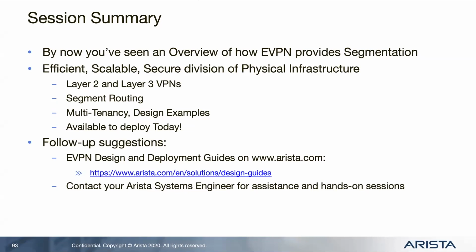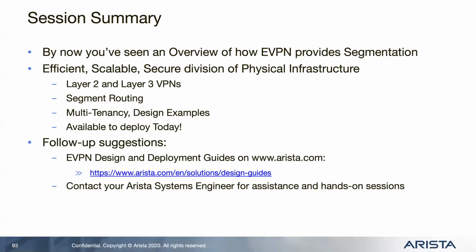You can also look at segment routing. We've looked at multi-tenancy and some design examples of that. And one thing I'd like to stress is this is available to deploy today. We're working with customers who are deploying this in anger in production deployments. And I think it's a really exciting time for this technology.